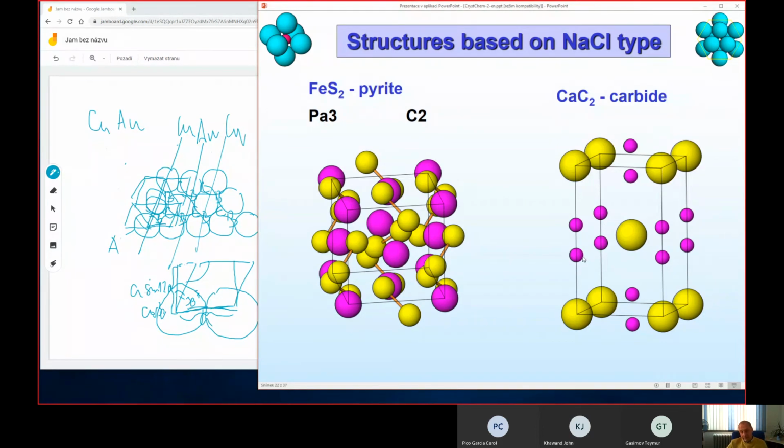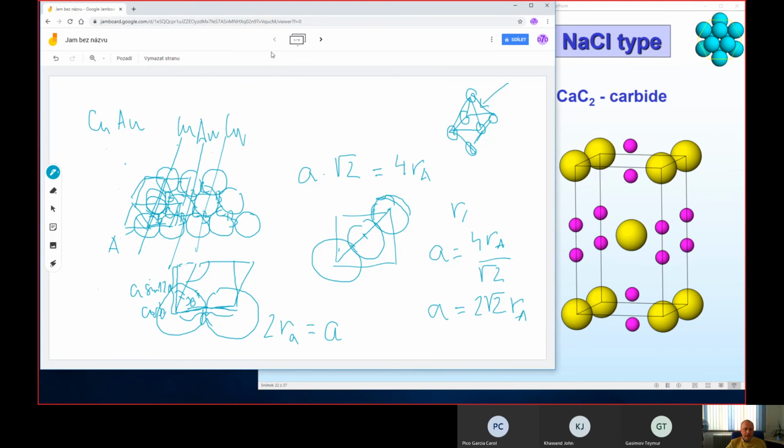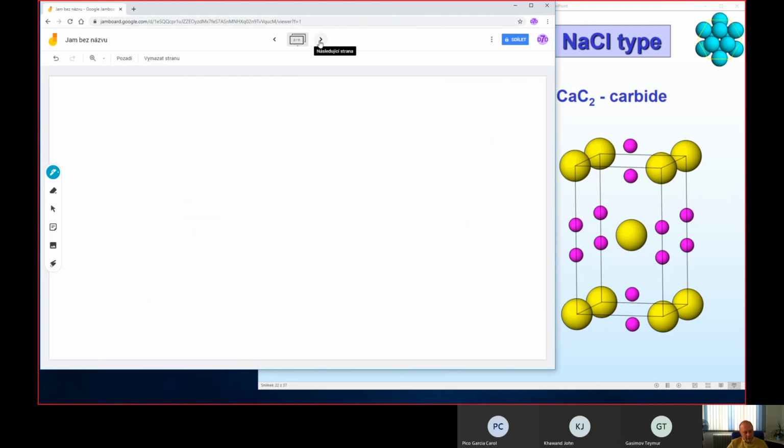But the symmetry would be lowered anyway, and perhaps you don't see the relation between the FCC or rock salt structure and this unit cell, and the relation is the following.